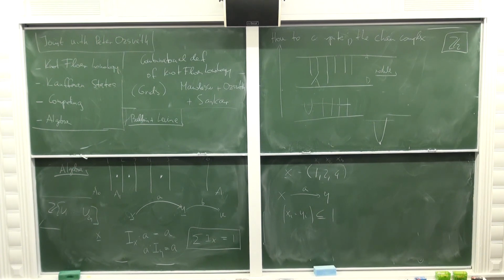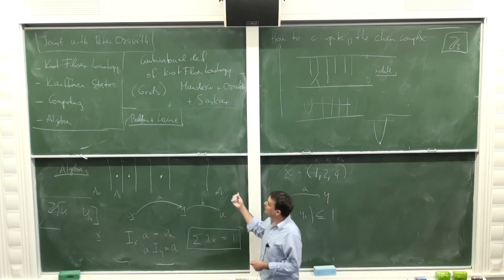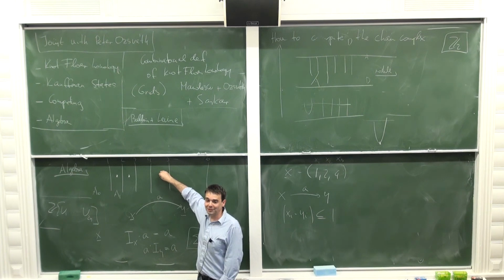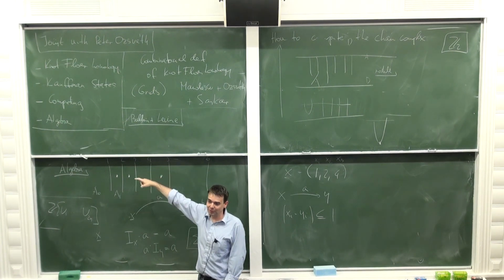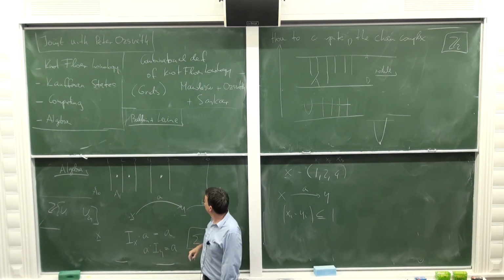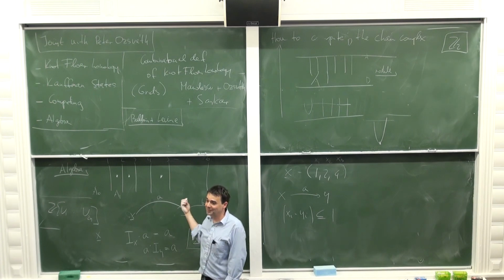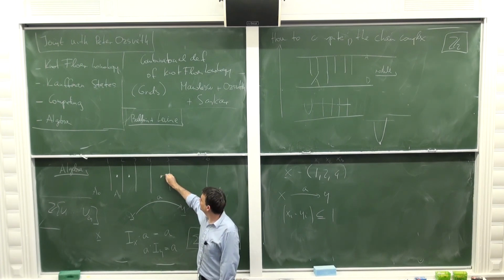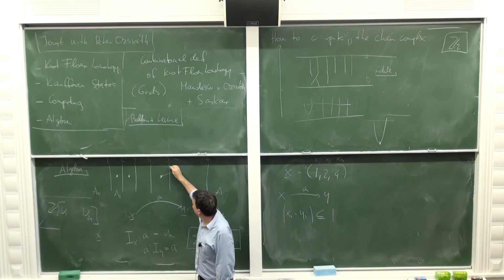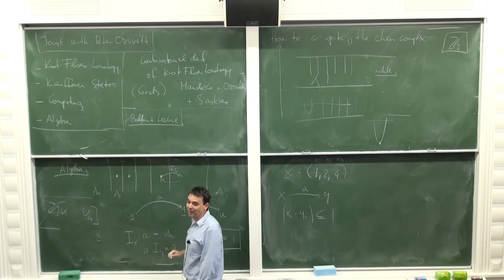Now you can almost guess what the algebra elements will be, the generators of this algebra: moving one of these coordinates by 1 and leaving the rest fixed. So R5 will be moving the 5 strand to the right, and L5 will be moving back.